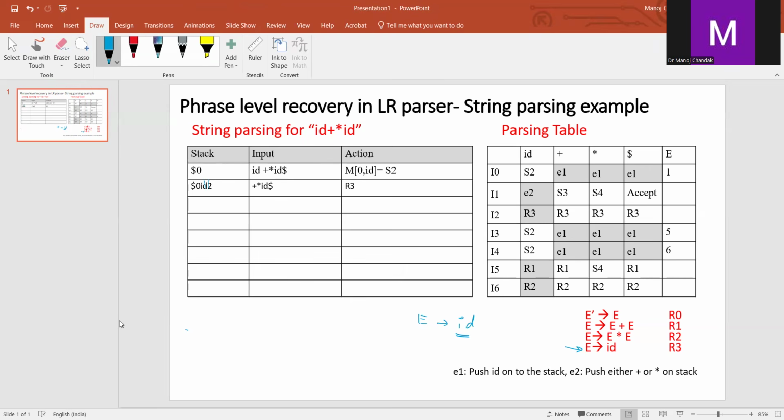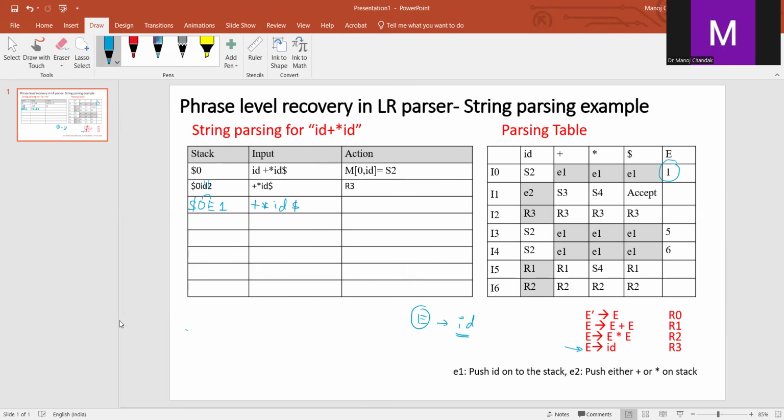So dollar and 0 remain the same, and 2 and ID are removed, and we push E in the stack. Then 0 is operated with E. When 0 is operated with E, it will push 1 in the stack, and the input remains the same.